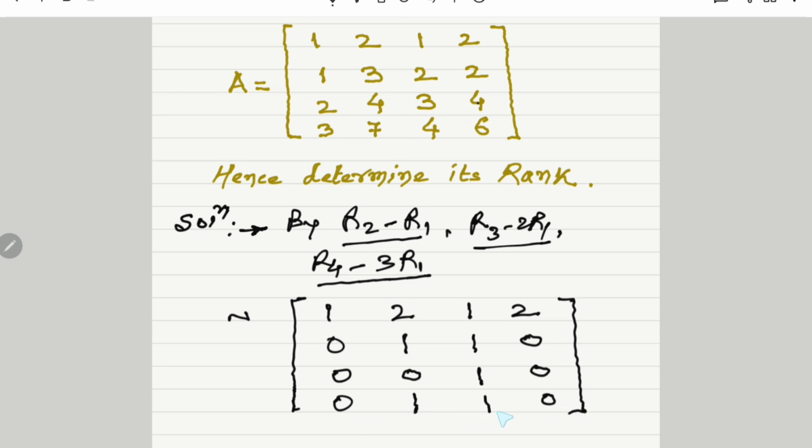Therefore 0 1 1 0, these are the elements of fourth row. Then here the first step is completed.